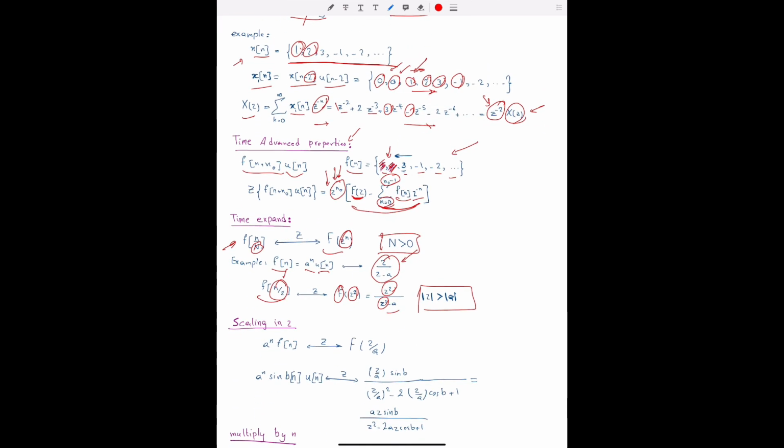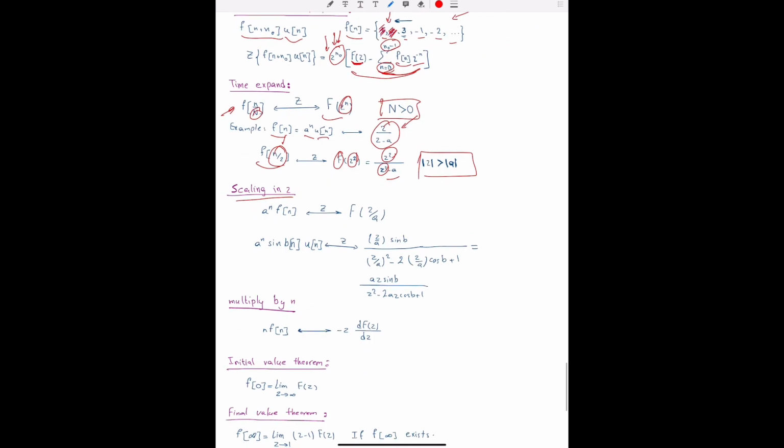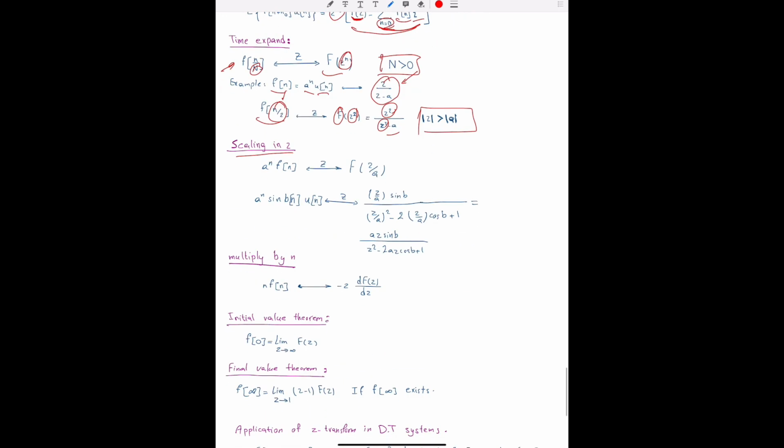So the scaling in z. Next we're going to look at scaling in z. If we have a to the power of n here, so this is not a constant value anymore, multiplied by f of n, then the z transform of that would be f of z divided by a.